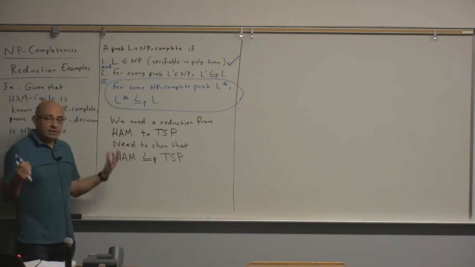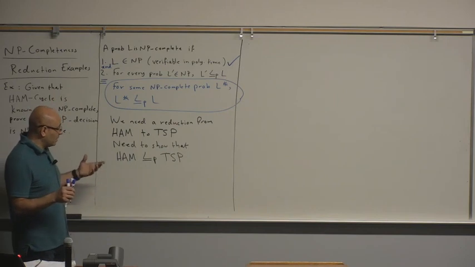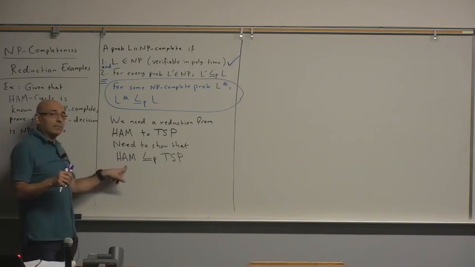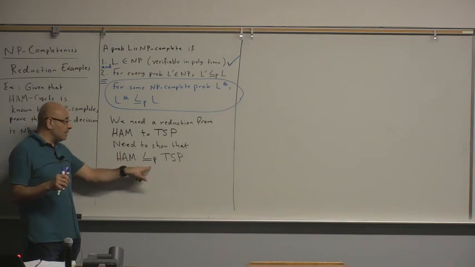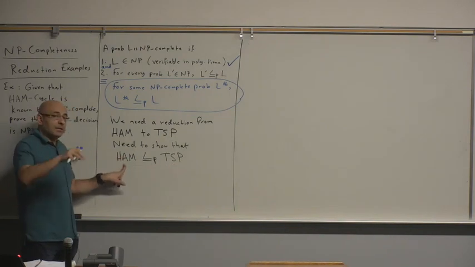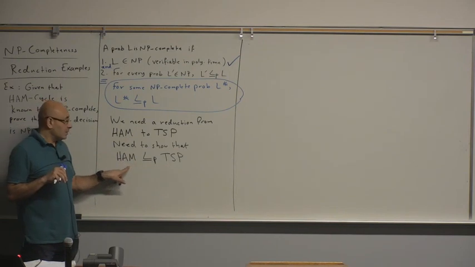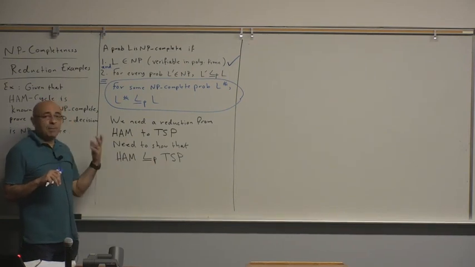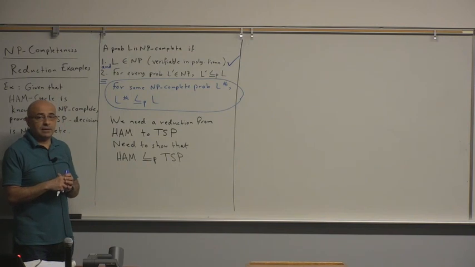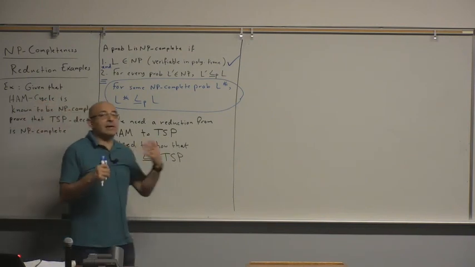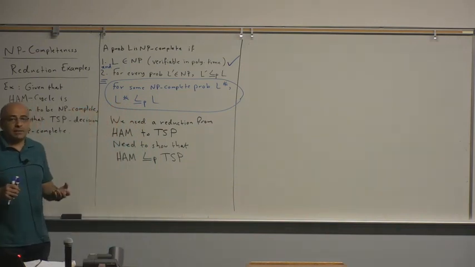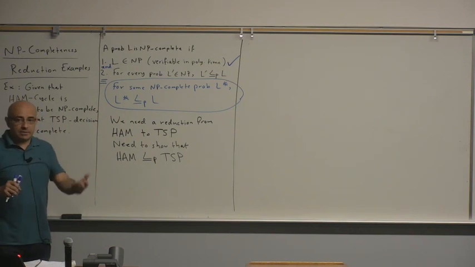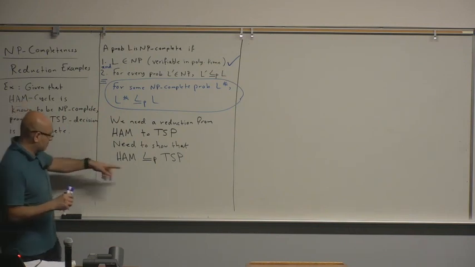The less than or equal sign is a very good mnemonic. It just means that the problem on the left is known to be NP-complete, and I'm going to prove that the problem I'm interested in is greater than or equal to it in terms of difficulty. If I do the opposite, I will not be proving anything. If you prove that the given problem is easier than a problem that is known to be NP-complete, that doesn't prove anything. I'm trying to prove hardness, not easiness.